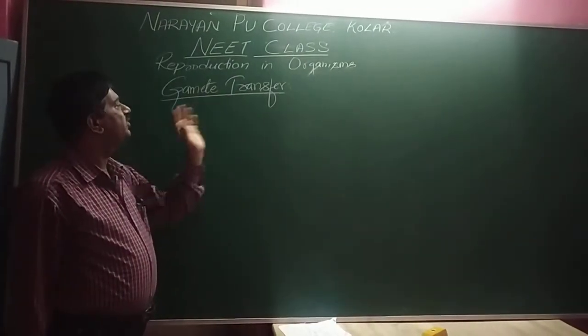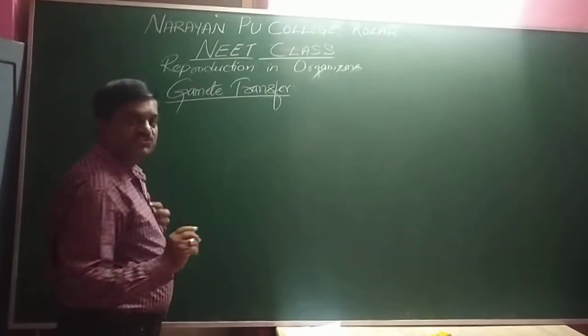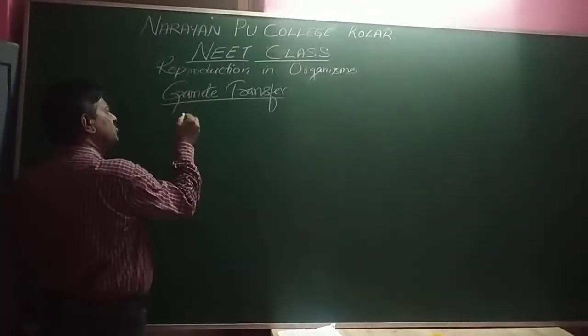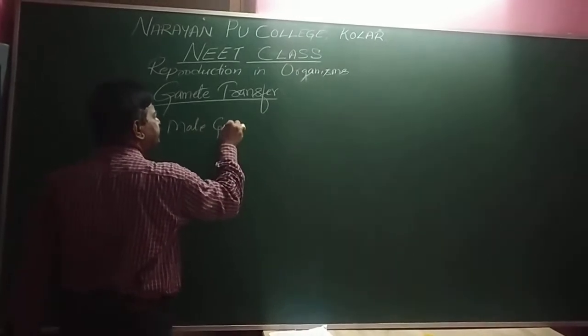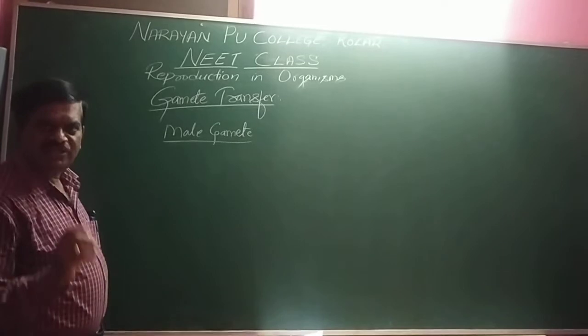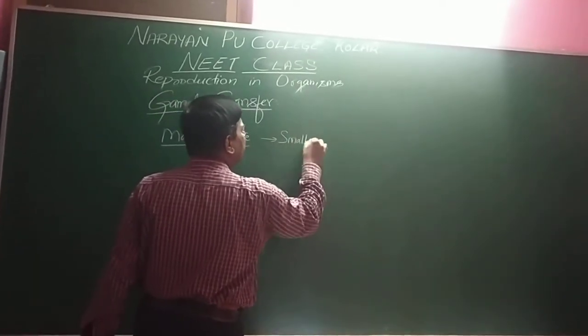For that we use the word gamete transfer. In gamete transfer, we have different types. For example, in the majority of cases, the male gamete is smaller and it has a capacity of motility.